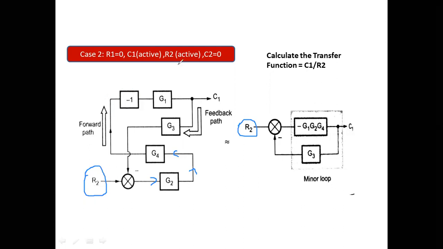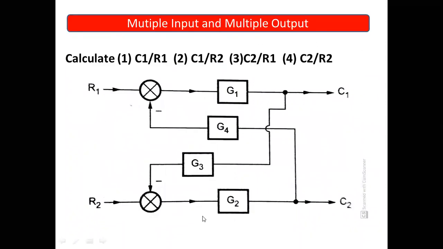If we look at the parent diagram from which this case is considered, we see where R1 is associated, and there the signal is minus. So when R1 becomes 0, G1 will get multiplied by this -1 value. I hope you got the point.